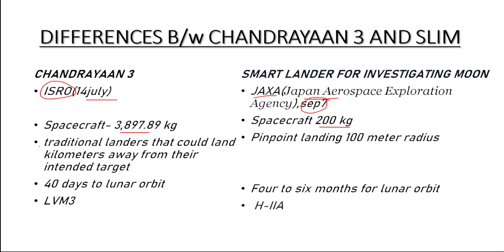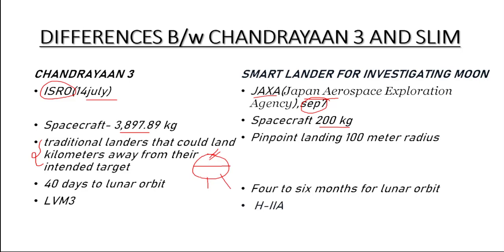And the landing in Chandrayaan 3 is a traditional approach, meaning though we are the first country to launch our mission at the South Pole, this is a traditional landing. I will explain why. If you consider this as the moon, here is the North Pole and this is the South Pole. If you divide the area over here, this is the Northern Hemisphere and this is the Southern Hemisphere.